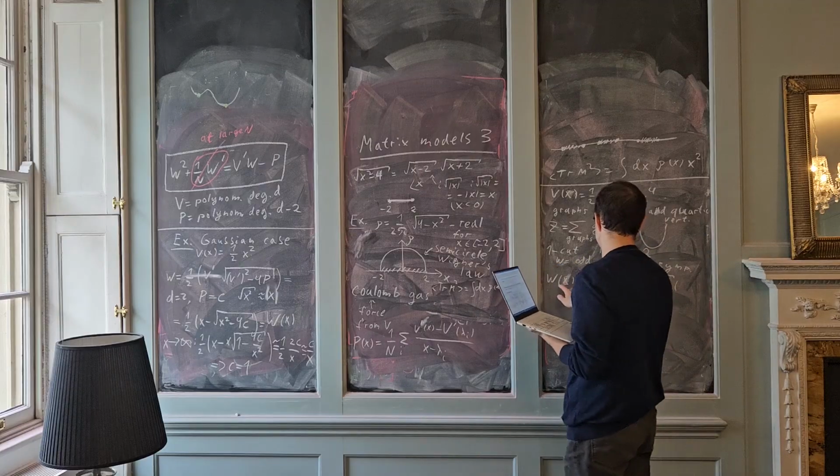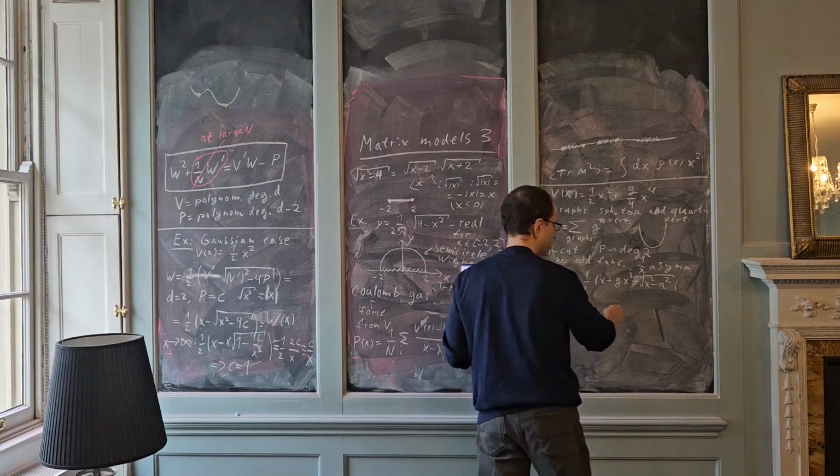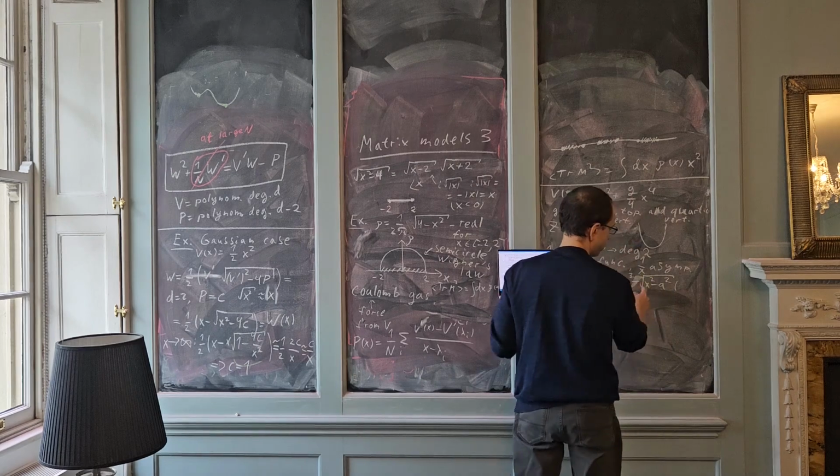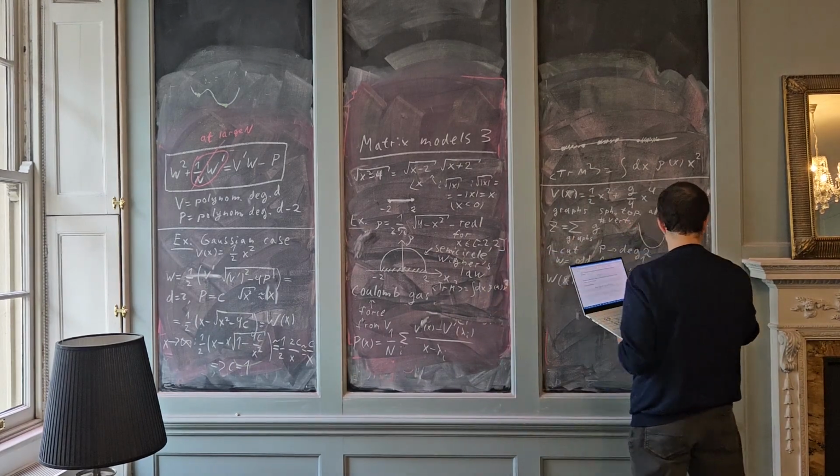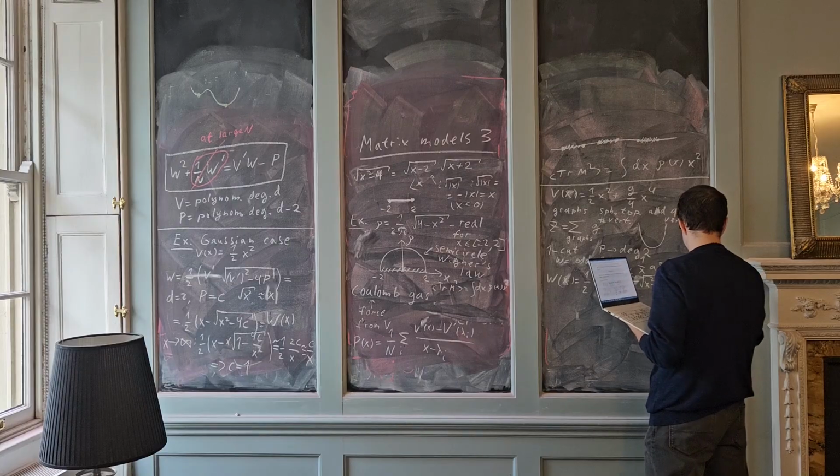The result should be an odd function. The square root is already odd, so it can be multiplied only by an even function. The most general form would be b x squared plus c.